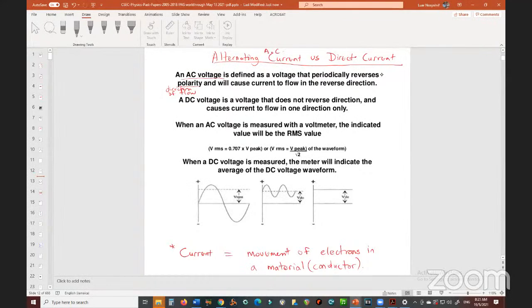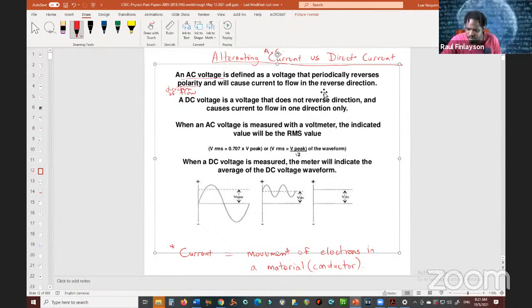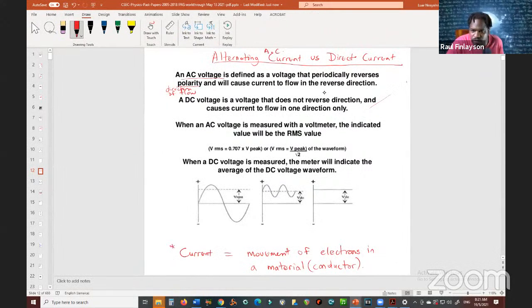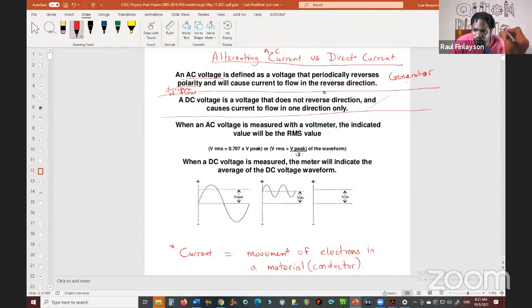All right. So for the AC voltage, just remember the AC voltage is actually produced in a generator. This is caused by a generator. Now, for the DC current, this is actually produced in a battery.